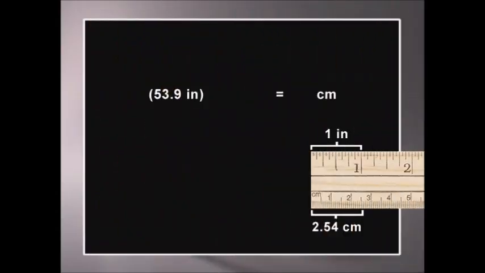In this problem, I am starting out with 53.9 inches, and I want my final answer to come out in centimeters. So how could I do that? Well, what I need to do is multiply the 53.9 inches by a factor. And that factor has to have the correct labels.